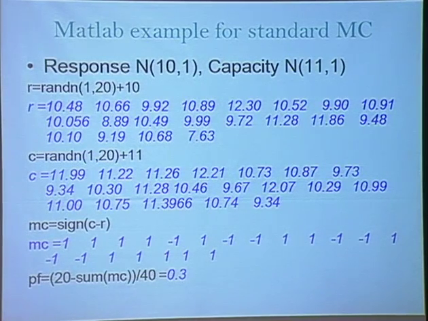And so this simulation told me that the probability of failure is 0.3. And you can see that no matter how many times I repeat it, with 20 simulations, I'll never get a number with more than 1 digit. So it's very crude.